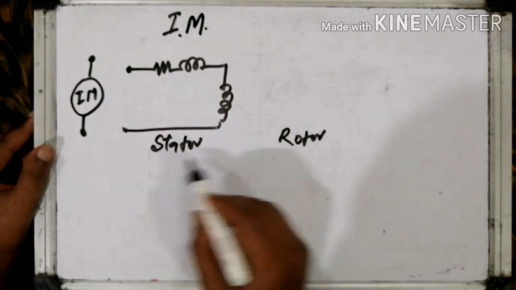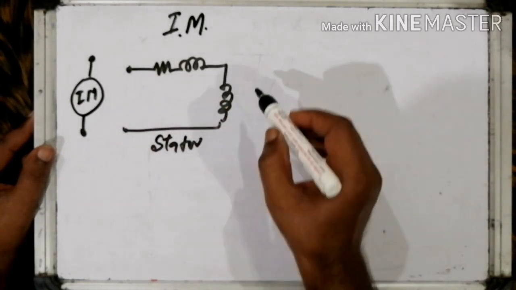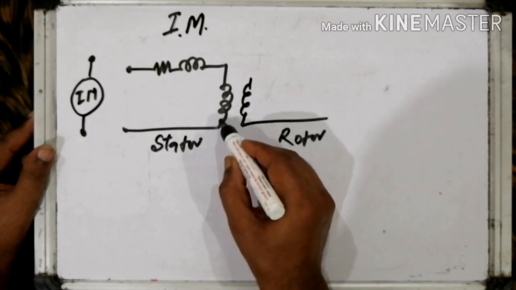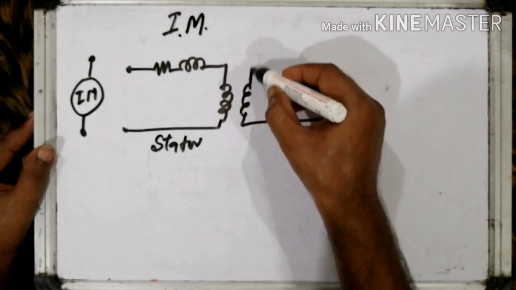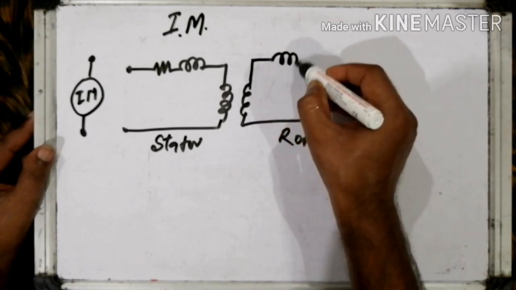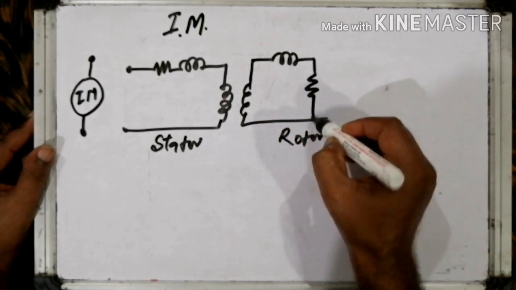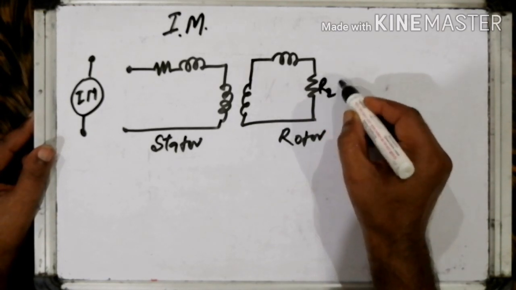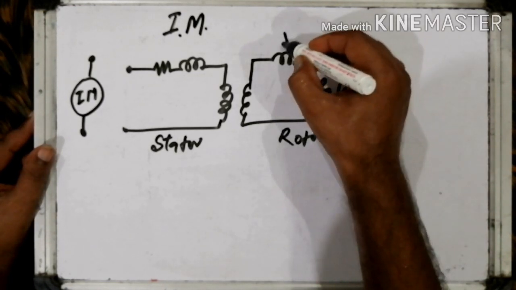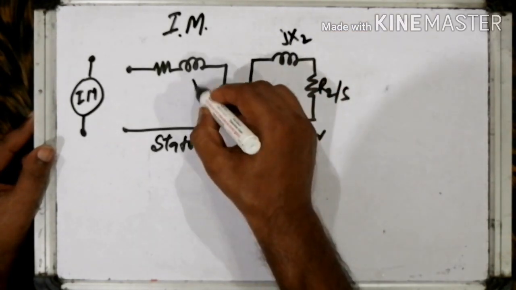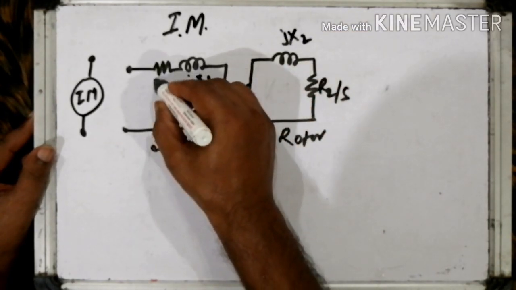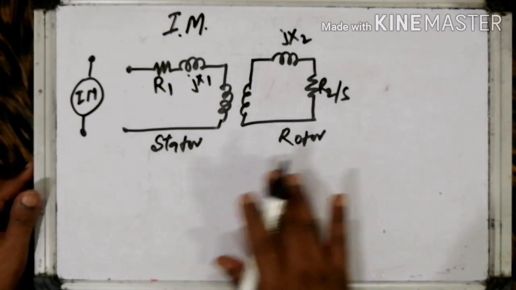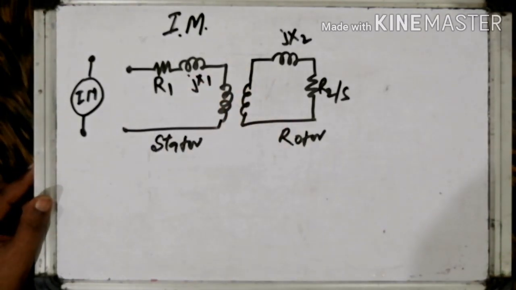This is the actual diagram of stator. Now see the other part. Induction motor is very similar to a transformer. So this winding is here. This one is R2 by S, this one is JX2, JX1, it is R1. This is the stator part. This one is the rotor part of the induction motor.